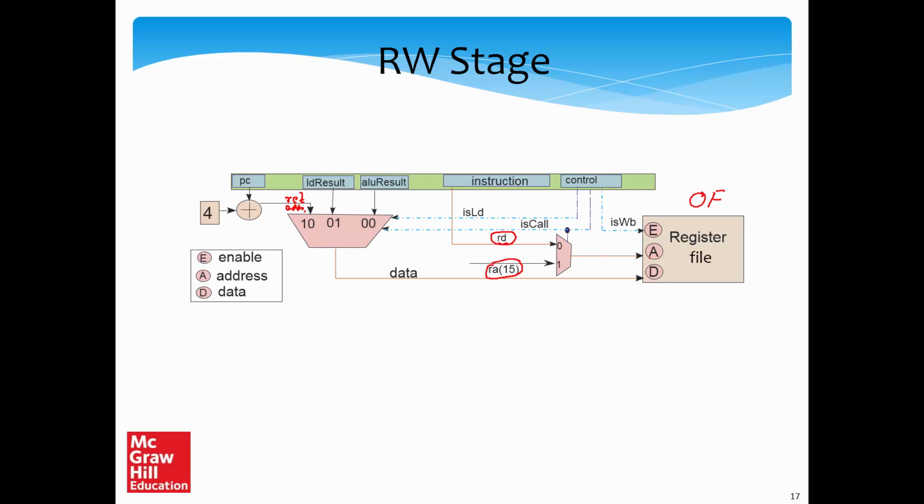So we make this choice and pass it to the address field of the register file, which tells it which register to write to. And we use the is write back control signal to enable a write.